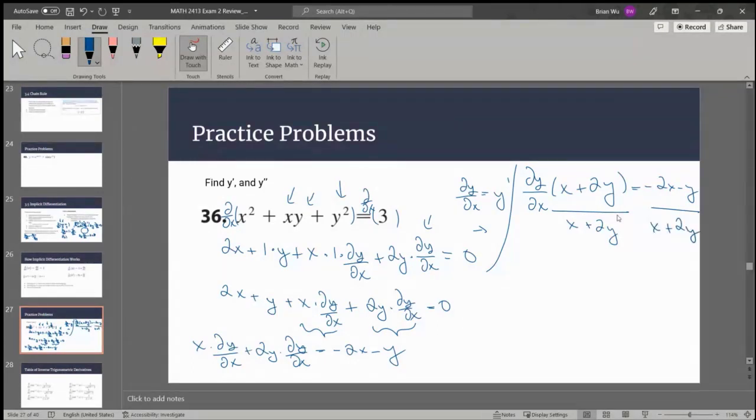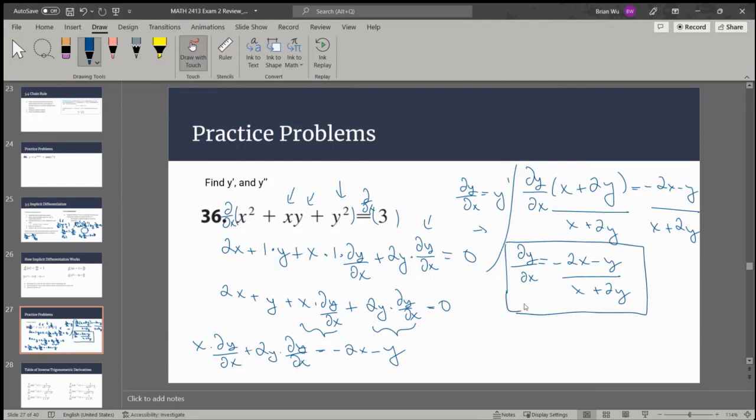So many problems will go like this, where you essentially implicitly derive both sides, isolate your dy over dx, factor it out, and then solve for dy over dx. In this case, our full solution for the first derivative is this.